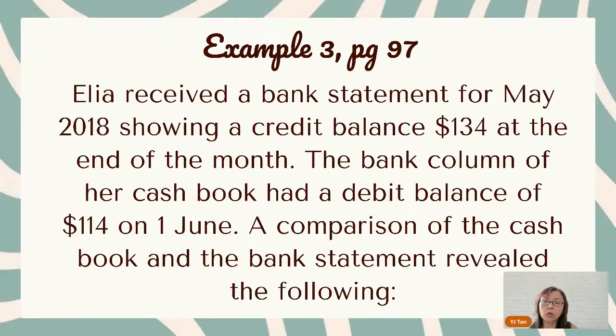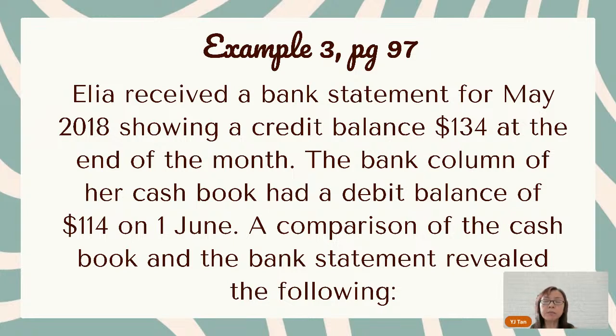In order to show you a real working example, let's look at example number 3 on page 97. Elia received a bank statement for May 2018 showing a credit balance of 134 at the end of the month of May.